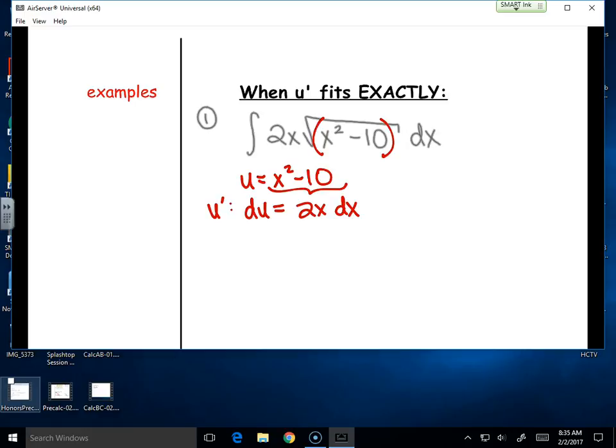So if you want to make the connections real quick, technically u prime is equal to 2x, which means du dx is equal to 2x, which we can change to be du equals 2x dx.